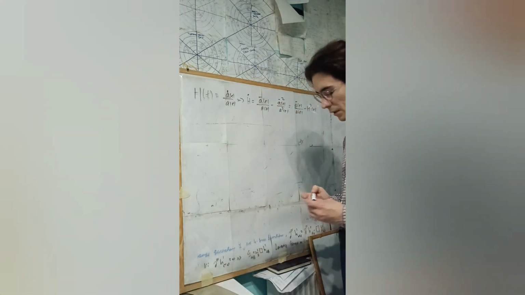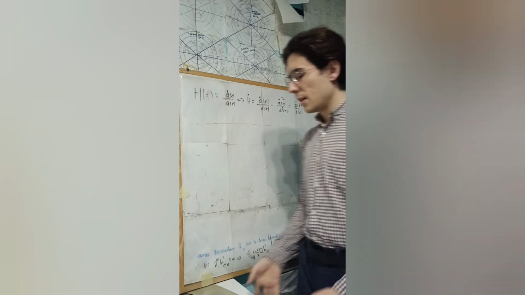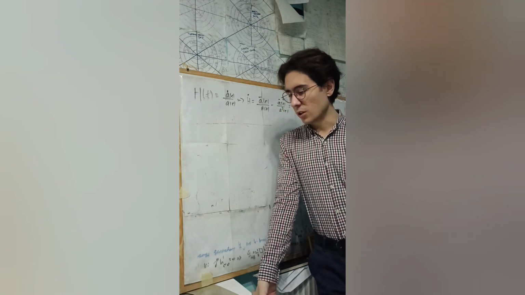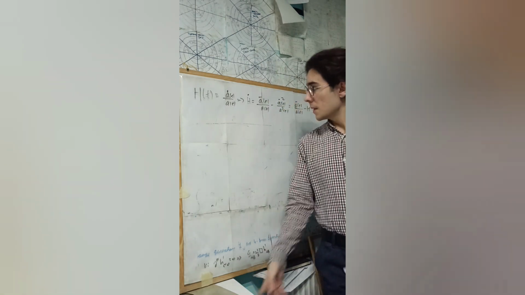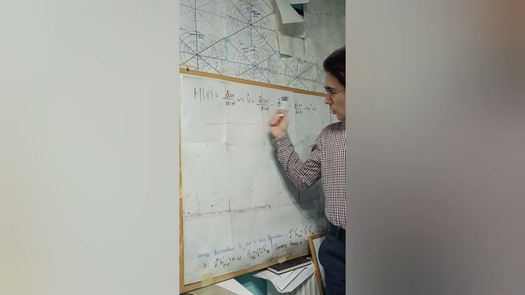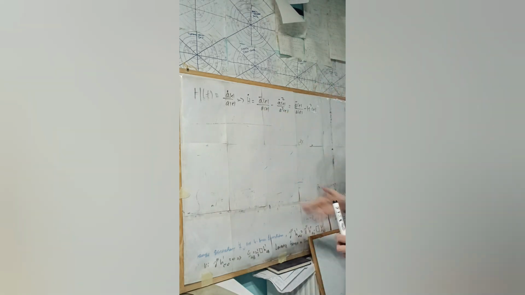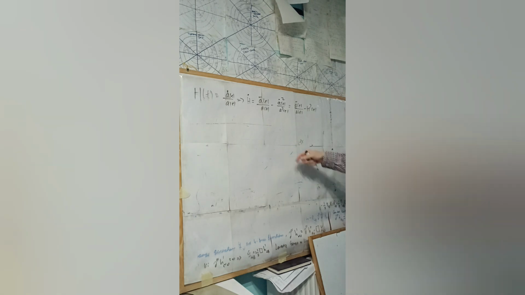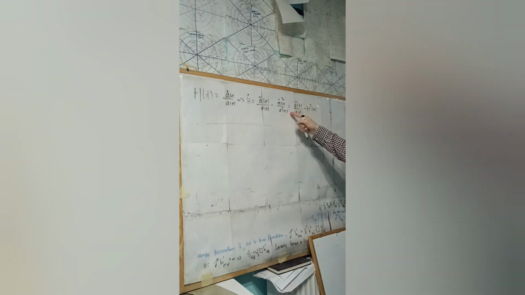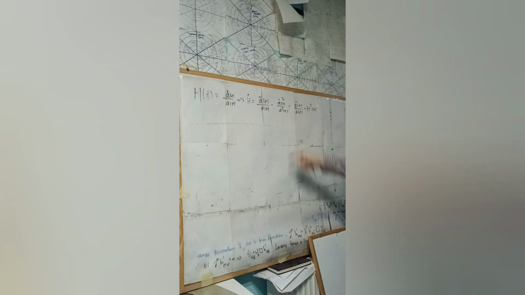So with the intention of writing this equation in terms of the Hubble parameter H, I multiply and divide both sides of this equation by H squared, okay?